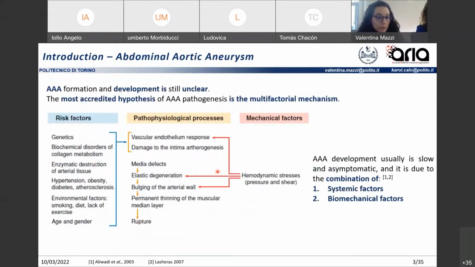The onset and progression of the aneurysmatic disease is still unclear. However, it is widely accepted that triple A's pathogenesis is mainly influenced by different risk factors, for example, systemic risk factors such as age, gender, genetics, hypertension, and also biomechanical factors, in particular hemodynamic forces like pressure and shear stresses.